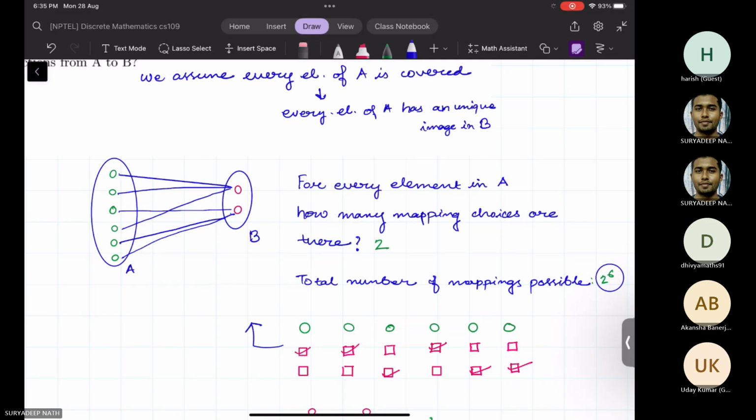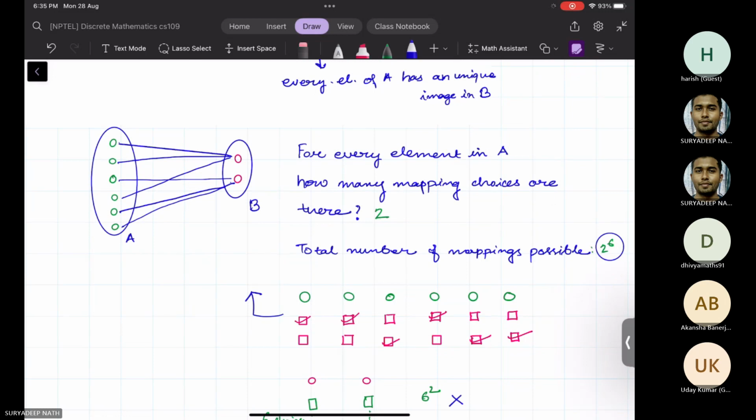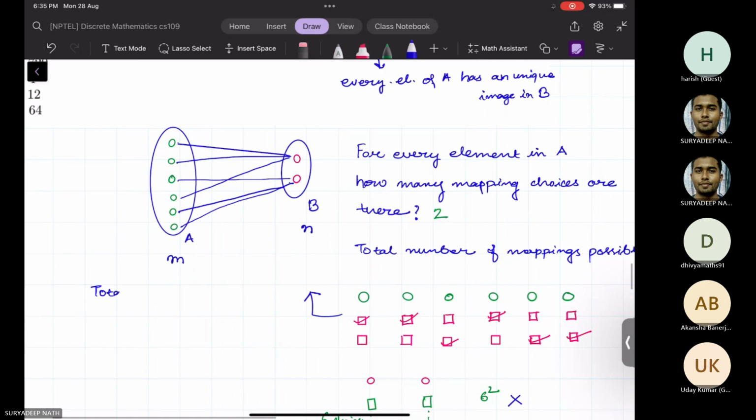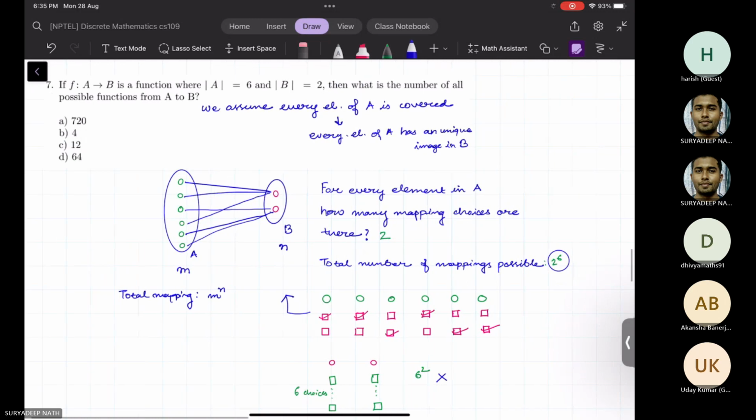So if A has m elements and B has n elements, the total mapping would be m to the power n. I hope this is clear to everyone.